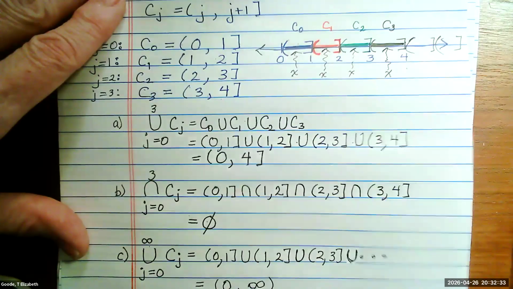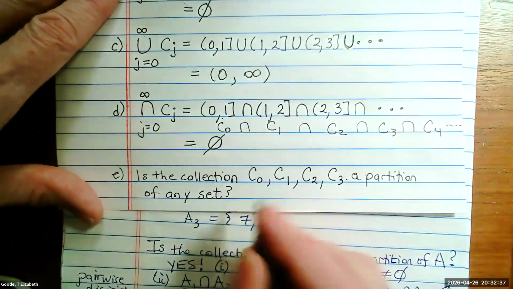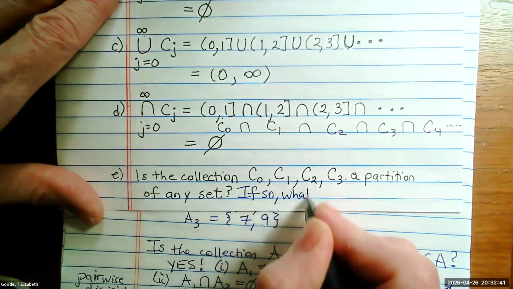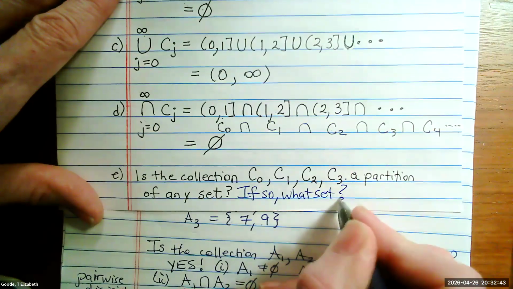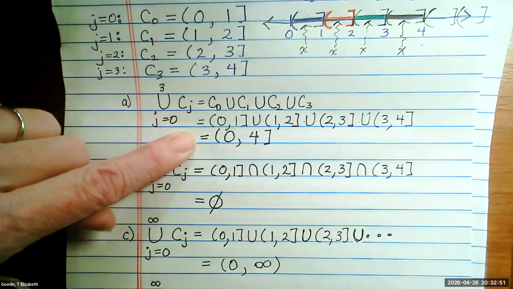Yes. So is the collection a partition of any set? If so, what set? So what set does it partition? It would be the first one in A. That's right. It's a partition of that.